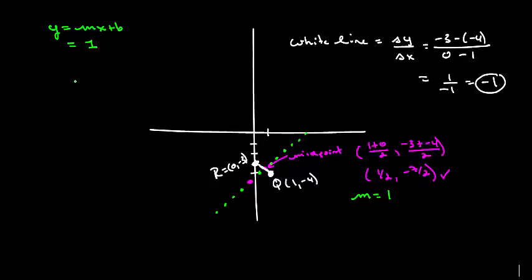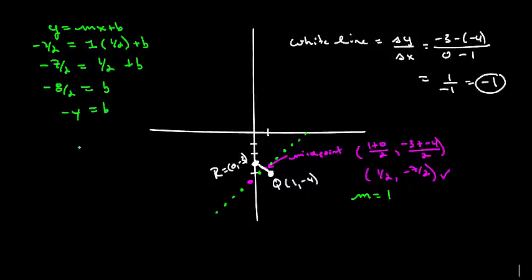We know the m value is 1. We know that when x is 1/2 and y is -7/2, the equation balances, so we can find b now. So this is just 1/2 plus b is -7/2. So if we subtract this, we get -8/2 for b, which means b is -4.